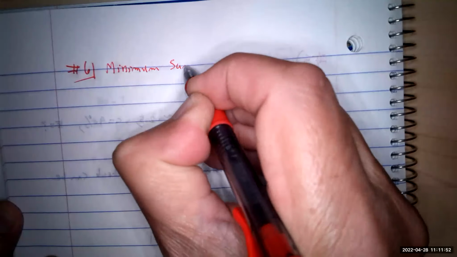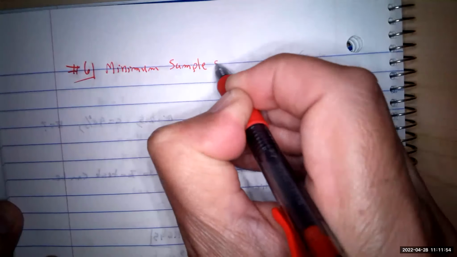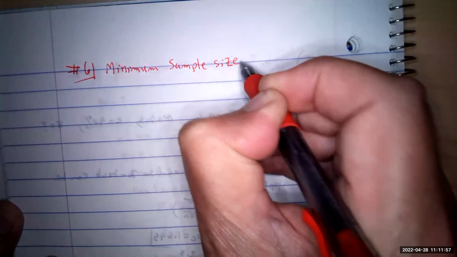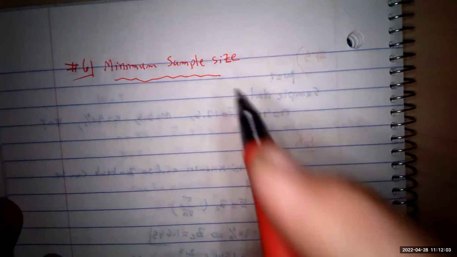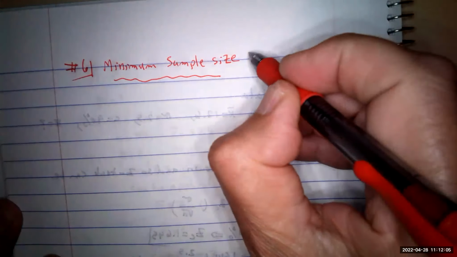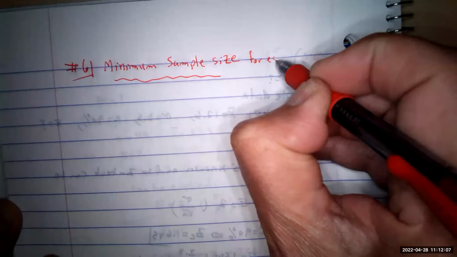So this is problem number 6, where you have to find the minimum sample size. E would be given to you. This is the minimum sample size for estimation.